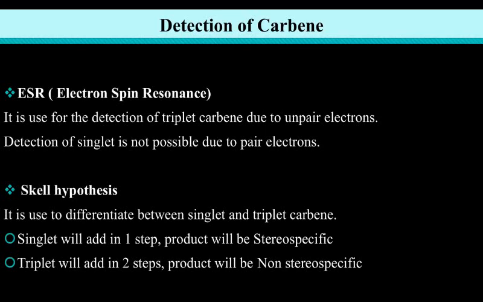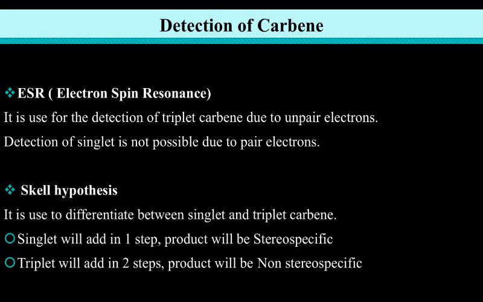Detection of carbene can be through electron spin resonance, which is used for the detection of triplet carbene, as it has unpaired electrons, while the detection of singlet carbene is not possible due to the paired electrons. And the second method is the Skell hypothesis.